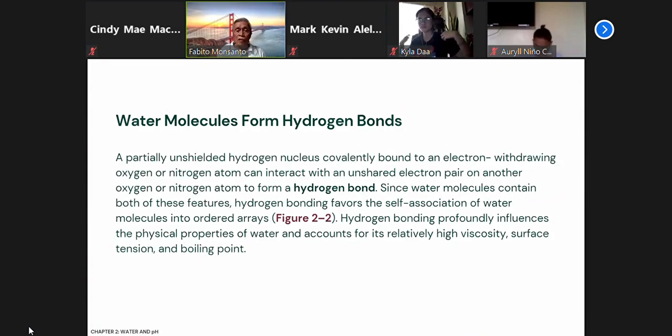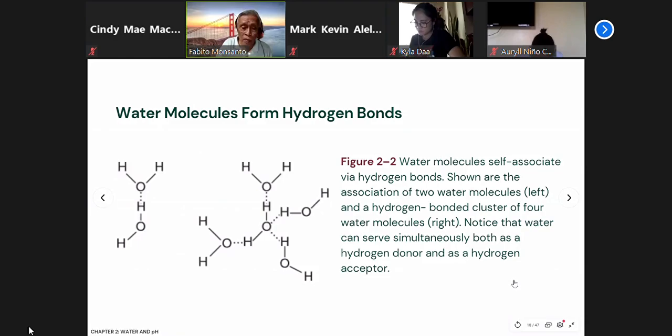Water forms hydrogen bonds. It is one of the important functions of your water. It can easily form hydrogen bonds. Okay? A hydrogen bond. I'll give you an example. There you are. This oxygen here is shared by this hydrogen with this hydrogen on the other molecule.